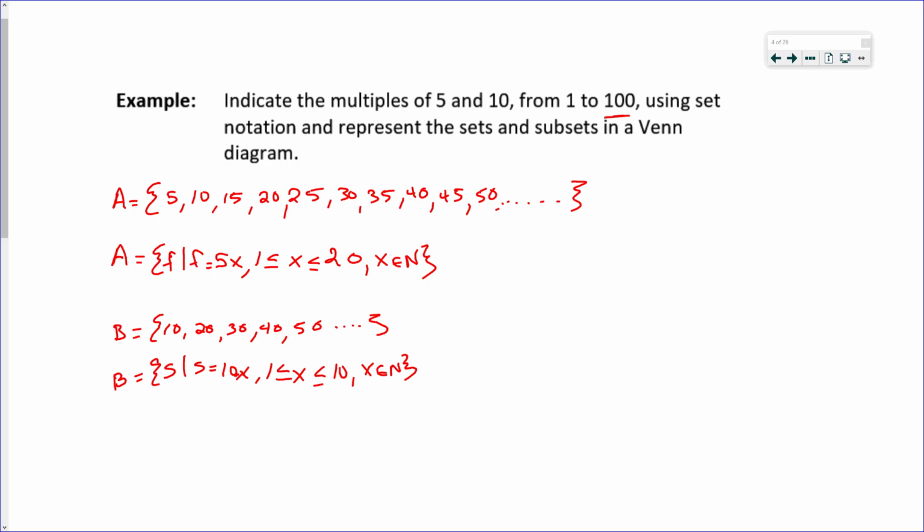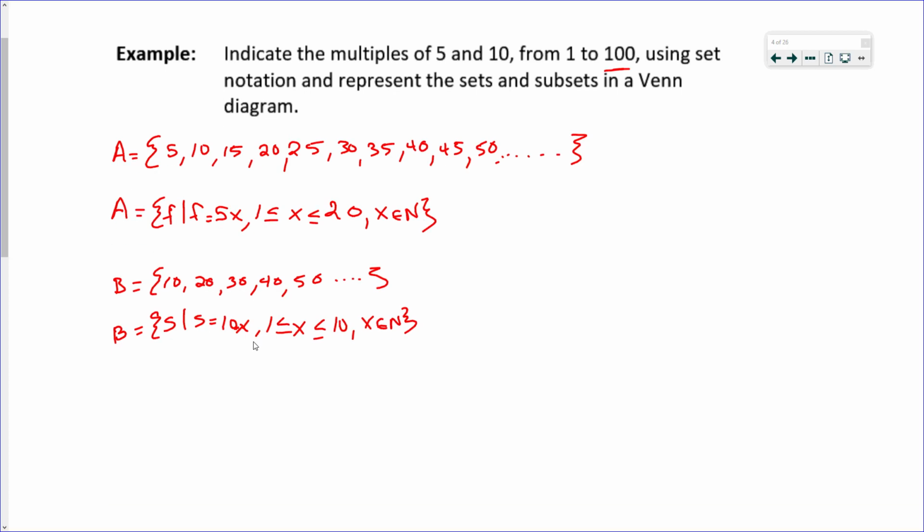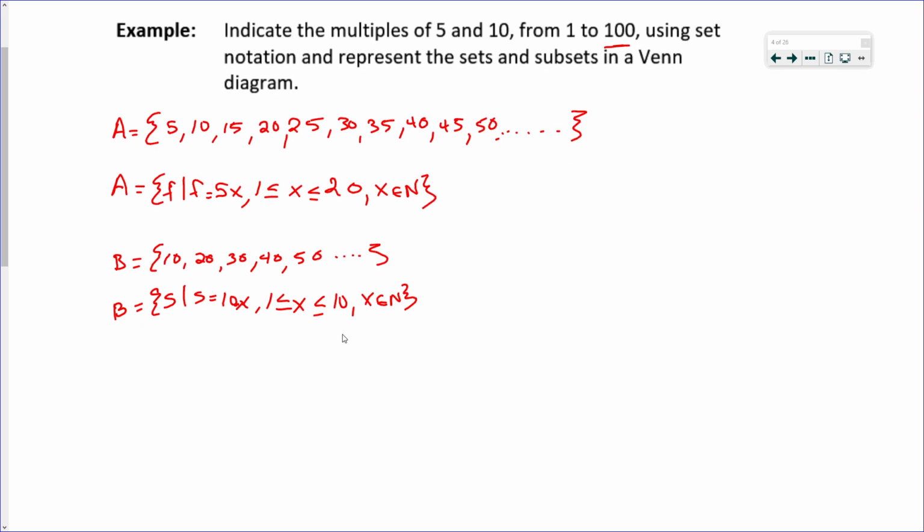And then I should include my universal set here. So what do these two actually belong to? I use U, and typically we use U for a universal set. So my U is, I could list off the elements from 1 to 100: 1, 2, 3, 4, 5, 6, and so on and so forth. But again, time consuming.